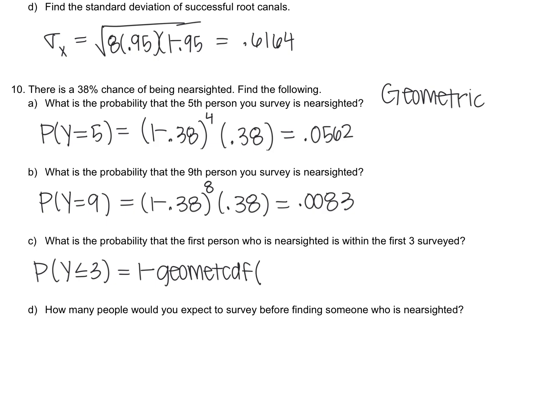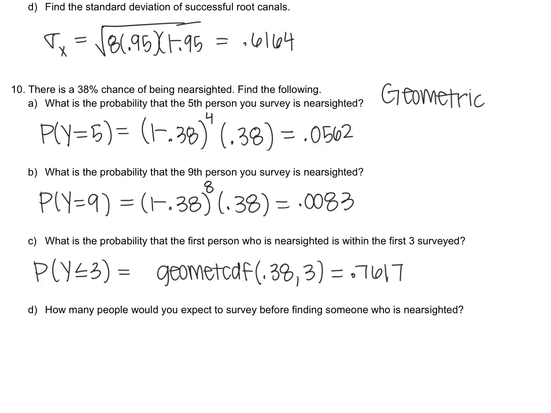And then we have our probability, 0.38, and then 3. And then it is going to be 0.7617. So you don't actually have to change anything on this problem. I don't know why I put 1 minus. You don't need the 1 minus. It's just geometCDF because it's already less than or equal to. You only have to do 1 minus if it's a greater than or greater than or equal to.